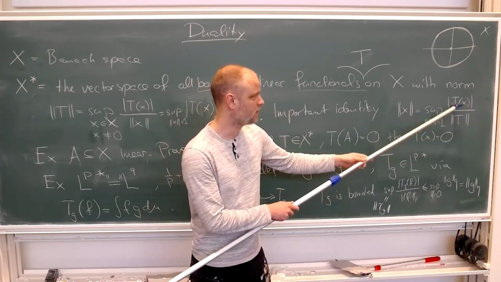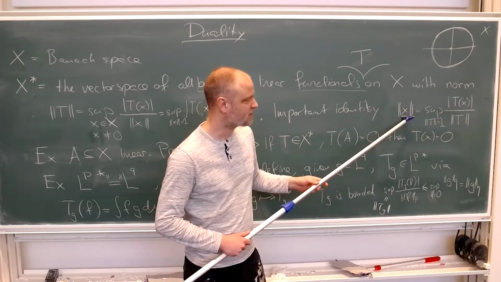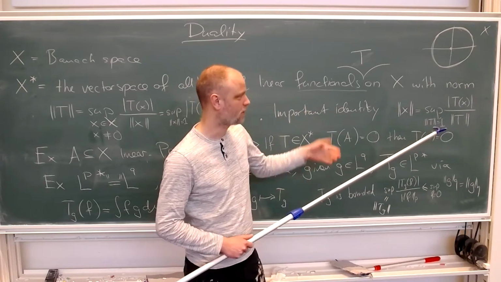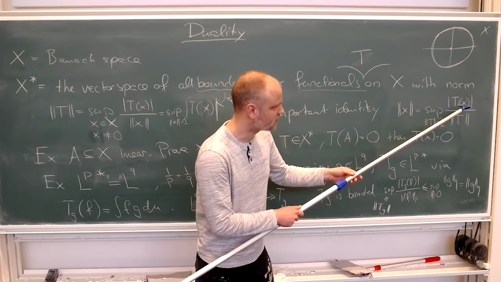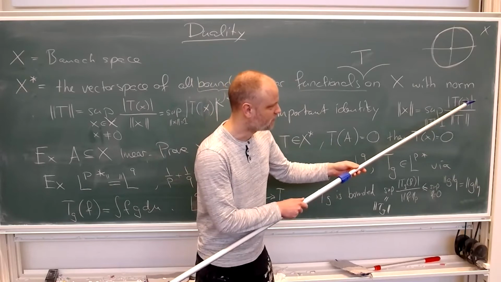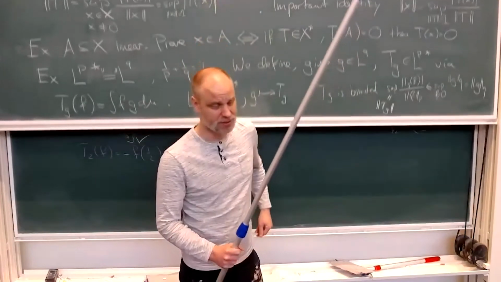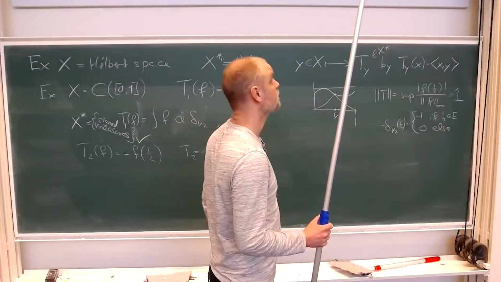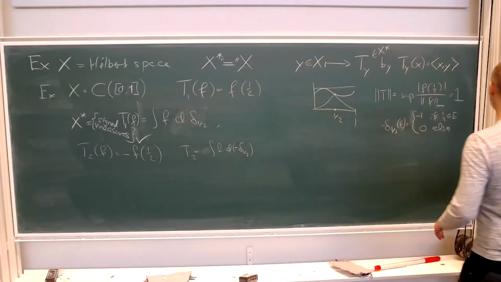So this supremum here will give you back the norm. If x has norm 1, so in general, you can always find the linear functional such that this is equal to norm of T times norm of x. So this is Hahn-Banach theory. Study it. You learn it if you take functional analysis. So here we just use it.